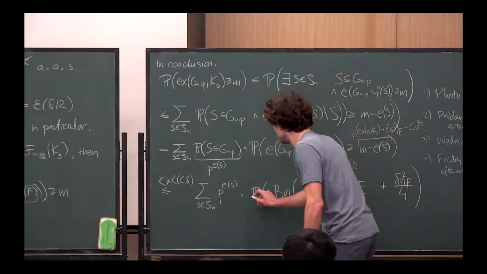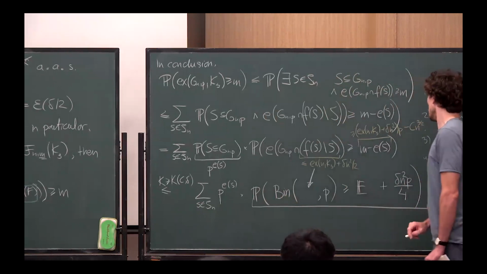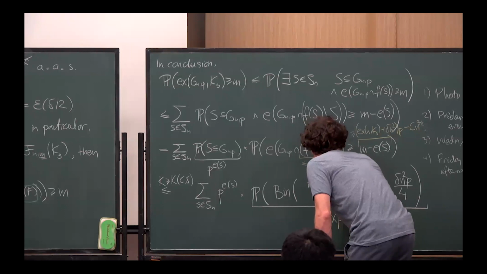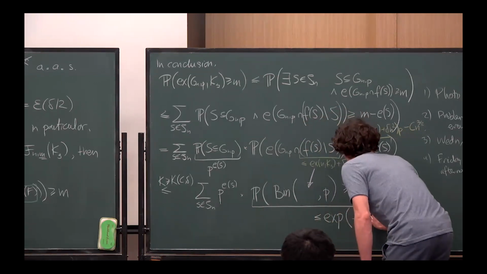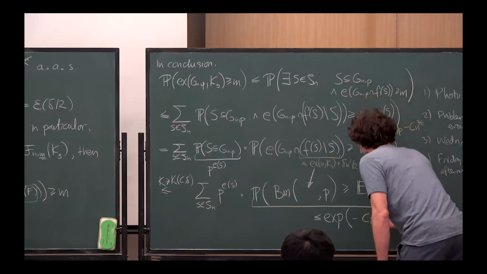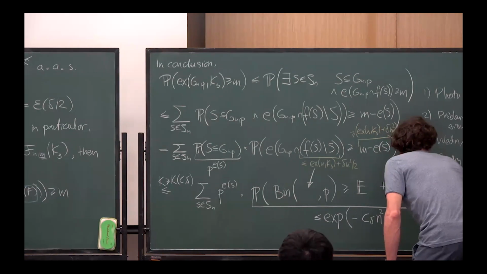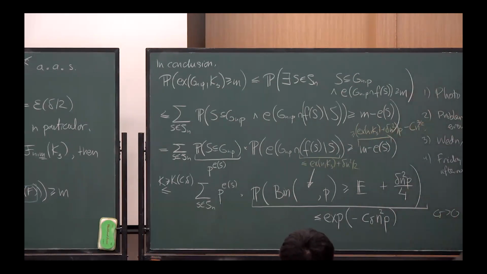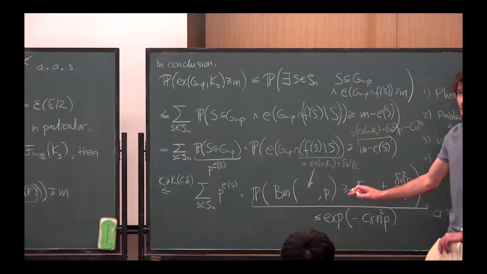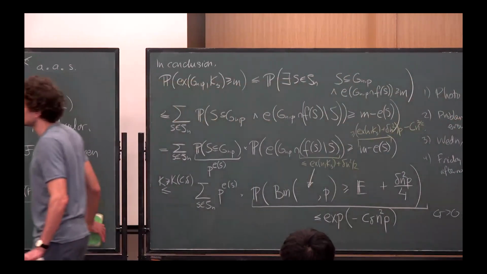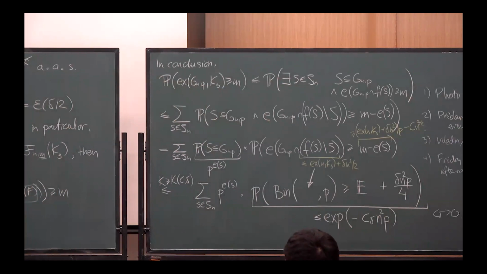So we do know that the probability of this is at most exponential in minus c_delta n squared p, where c_delta is a positive constant that depends only on delta. And now we're done modulo a simple estimate. And sorry for the anticlimactic moment, because now I have to erase the full board.